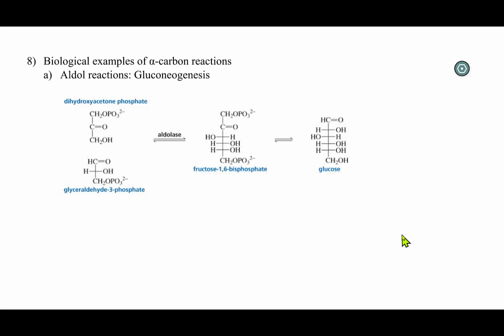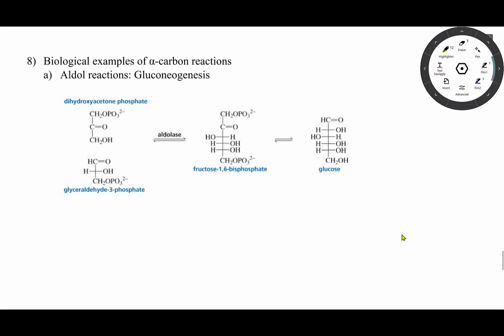You'll notice both of them are 3 carbons long. So I have 3 carbons and 3 carbons, and then fructose is 6 carbons and glucose is 6 carbons. Glucose and fructose are actually constitutional isomers of each other. But you'll notice that 3 carbons to 6 carbons is the pattern that we typically see in aldol reactions.